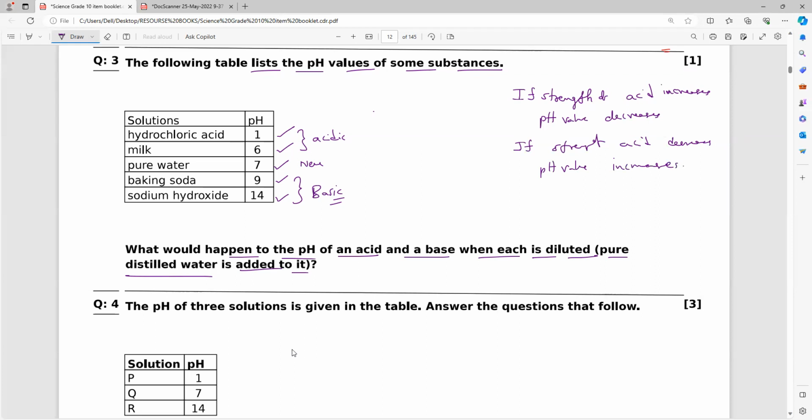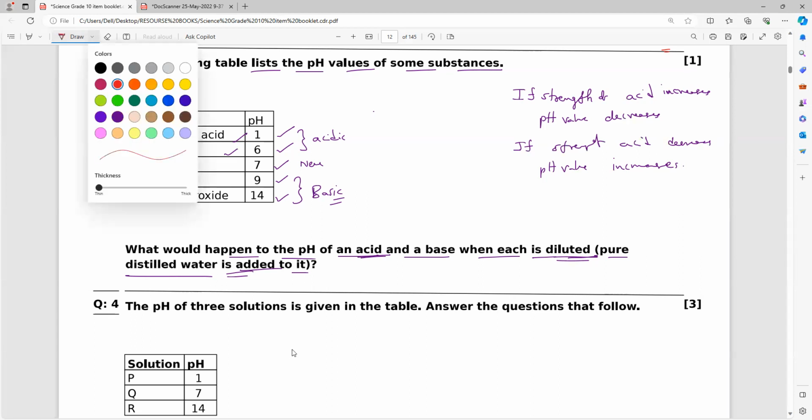Now, what happens to the pH of an acid when distilled water is added? So we are going to add dilute water to the acids. Tell me, the concentration is going to decrease, so does the pH value increase or decrease?